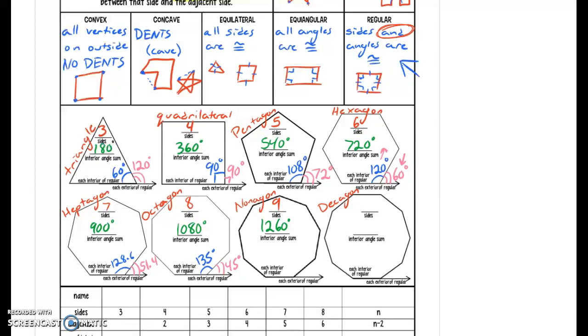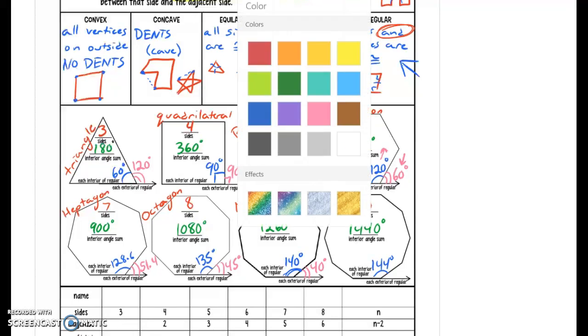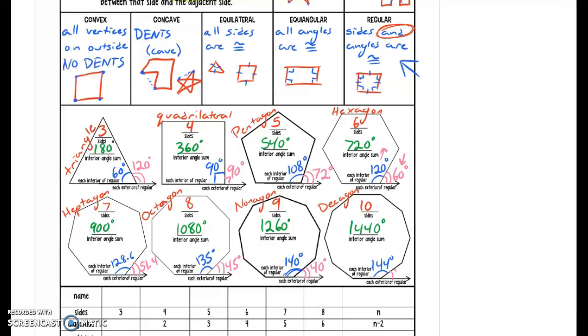If you do 1260 degrees divided by 9, you get that each one is 140 degrees. Therefore, each exterior is only 40. And finally is a decagon, 10 sides. If each interior is 144 degrees, how much is the total sum of the inside? 1440 degrees. And therefore each exterior is 36 degrees.